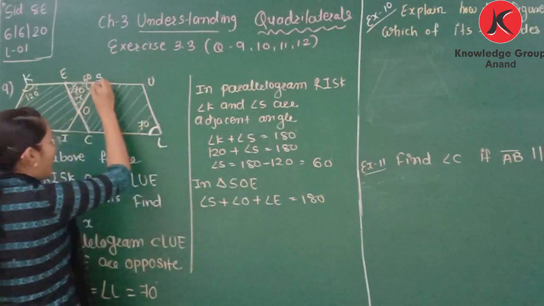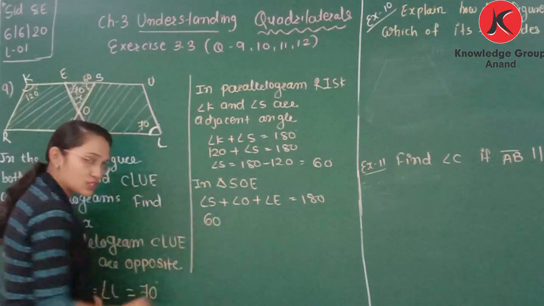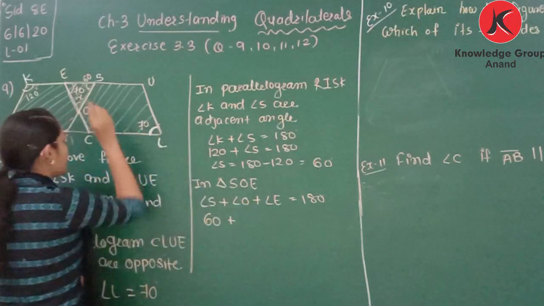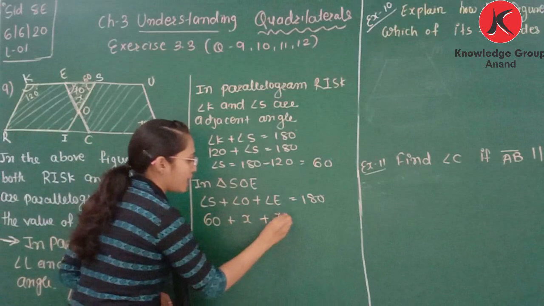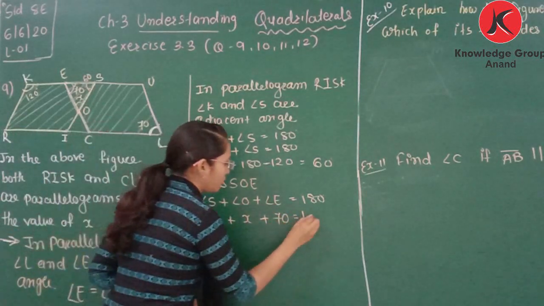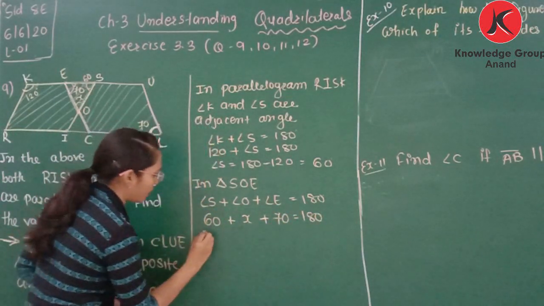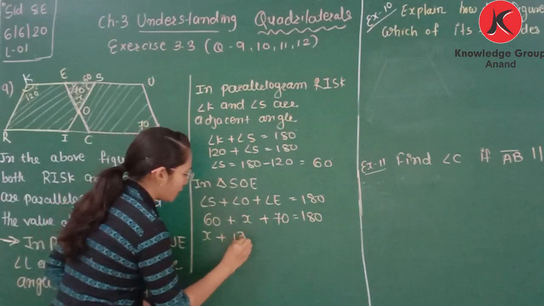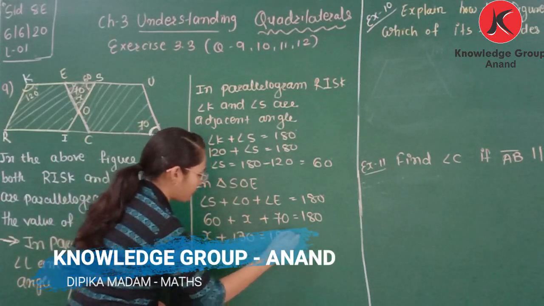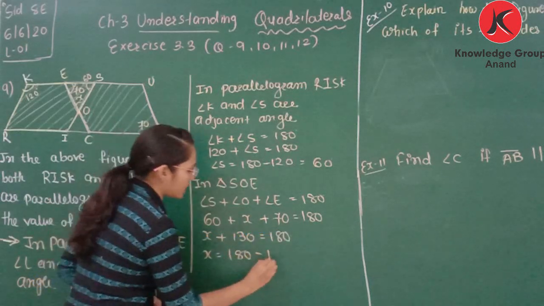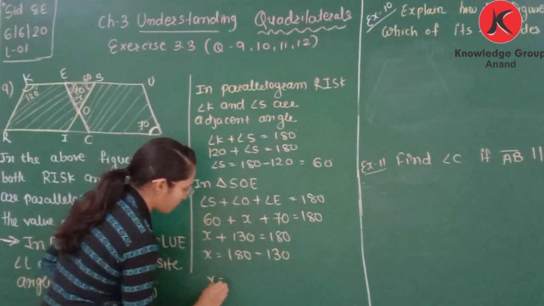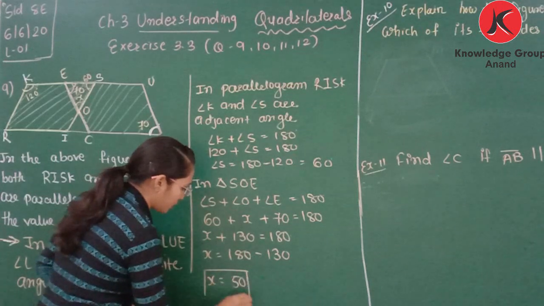We have S that is 60, O is x and E is 70. So x plus 130 is equal to 180. x is equal to 180 minus 130. So x is equal to 50.